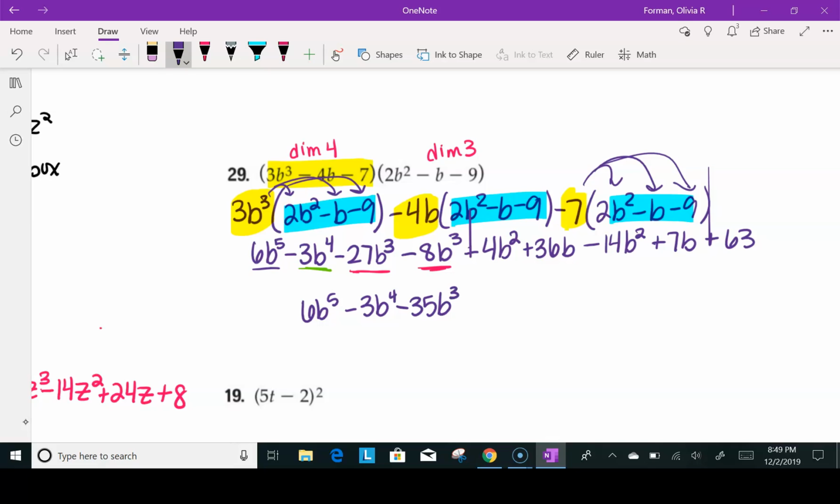If we take 4b squared minus 14b squared, we get minus 10b squared. If we take 36b plus 7b, we get 43b. And then you're just left with that 63 on its own.